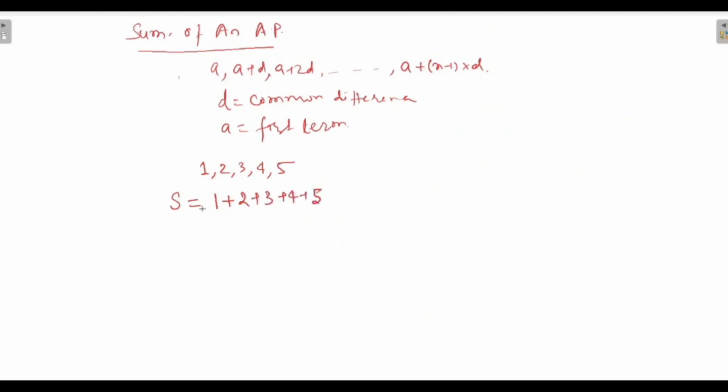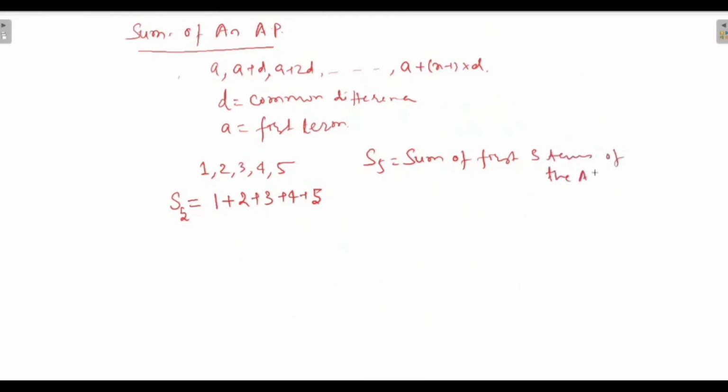When I'm doing it, I will also put a subscript here which is 5. What S5 denotes here is that given this progression, I'm interested in finding the sum of the first 5 terms of the series. So S5 is the sum of the first 5 terms of the AP.